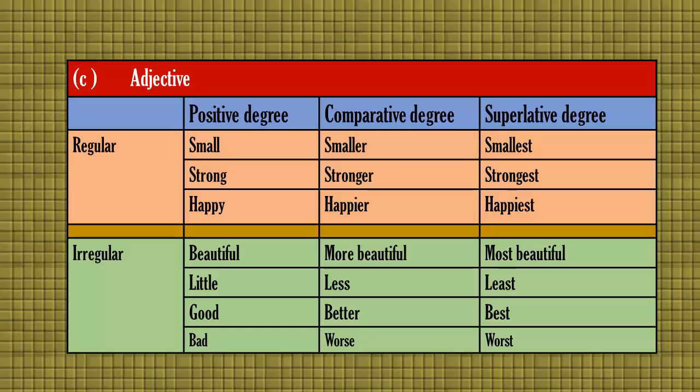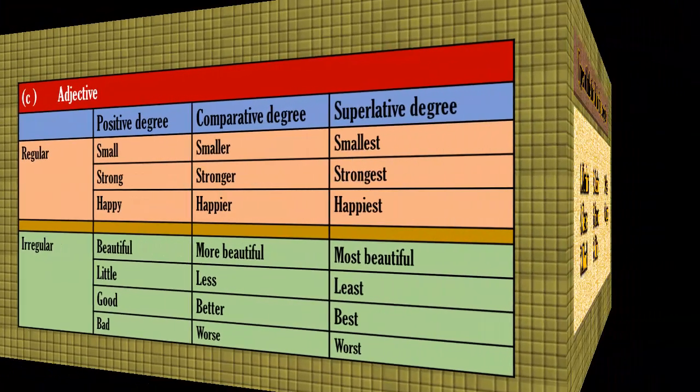For example, beautiful, more beautiful, most beautiful, little, less, least, good, better, best, bad, worse, and worst. So inflection in these adjectives is either regular inflection or irregular inflection, depending on which adjective you are treating.